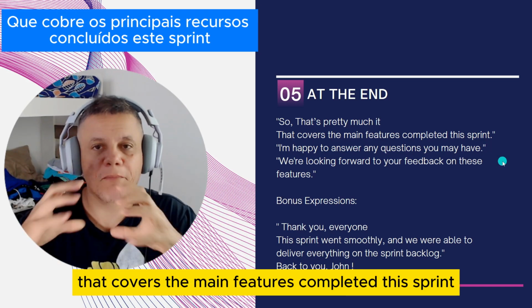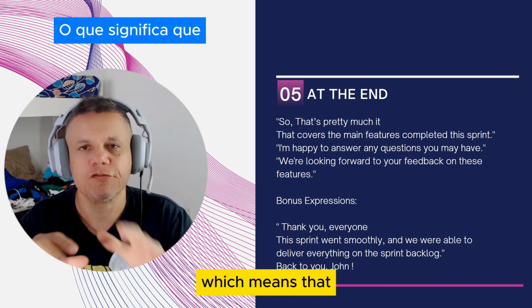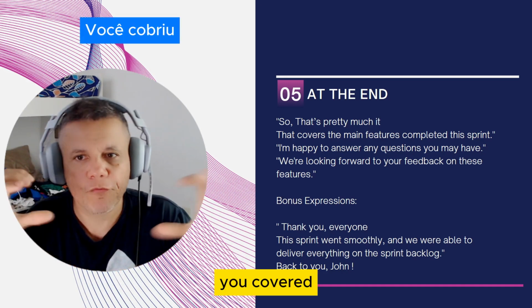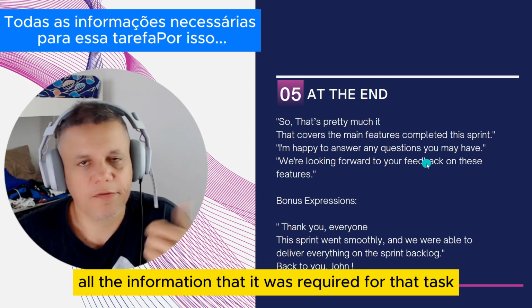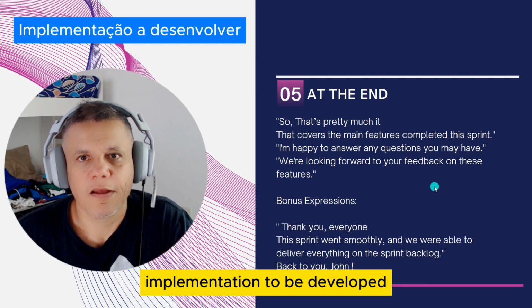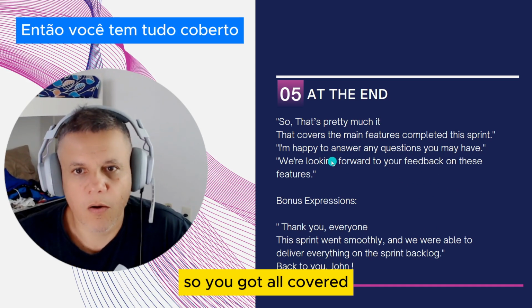That covers the main features, which means that all the features that you were supposed to present, you covered all the information that was required for that test, for the implementation to be developed. So you got it already, got all covered.